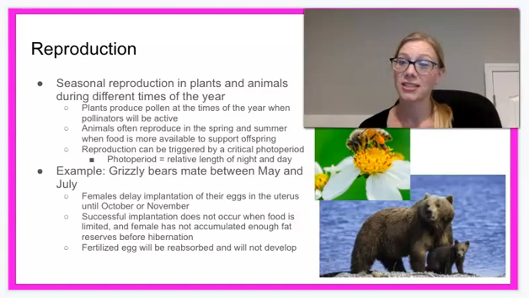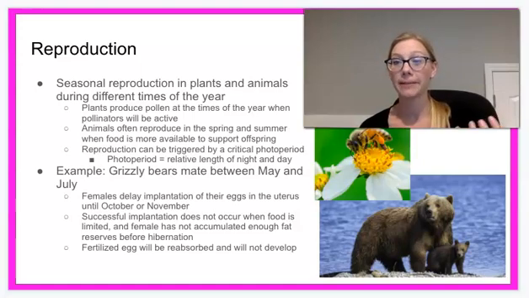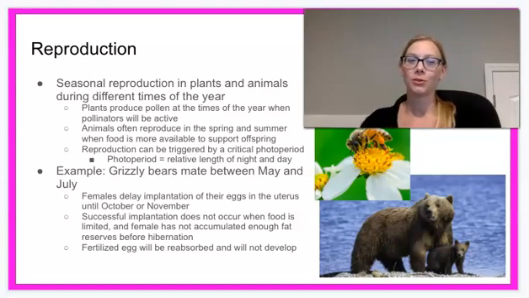Successful implantation does not occur when food is limited if the female has not actually accumulated enough fat reserves before hibernation, right? They will not see that implantation happening. And the fertilized egg will just get reabsorbed and will not develop, right? As a way to kind of ensure that the mother has enough energy and nutrients available in order to see the success of an offspring there.